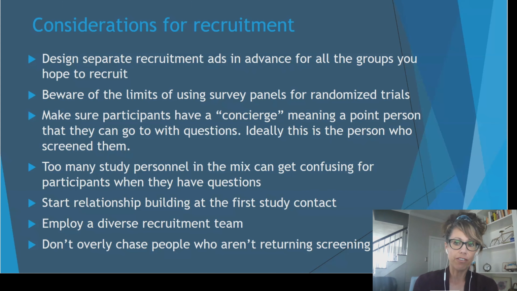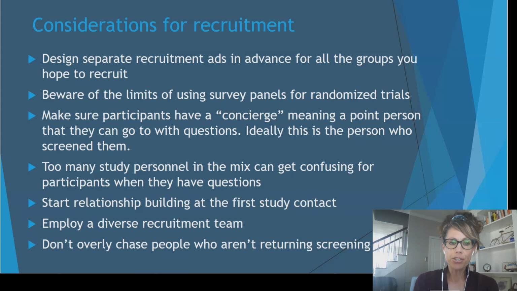And so you get a bit of a different type of sample. In our experience, we've had somewhat lower retention rates, I think, because they signed on to do surveys, not a 1 year longer intervention. So just something to think about.